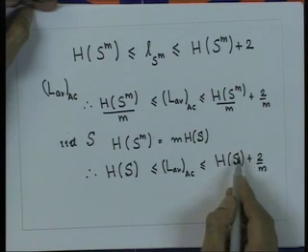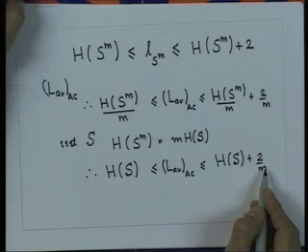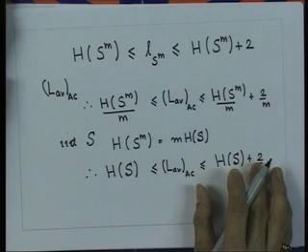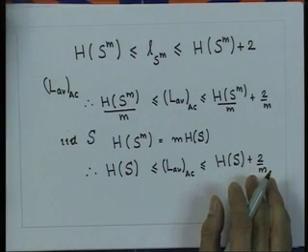So, by increasing the length of the sequence, we can guarantee an average length of the code as close to the entropy as we desire.